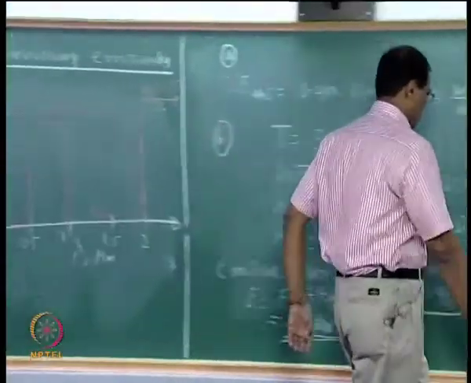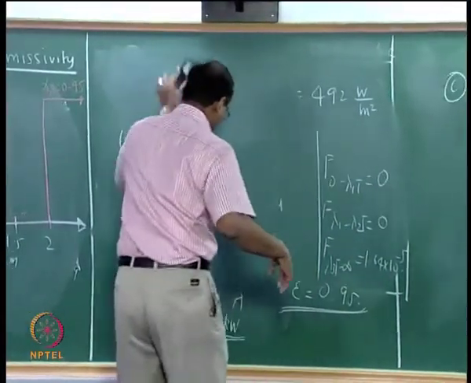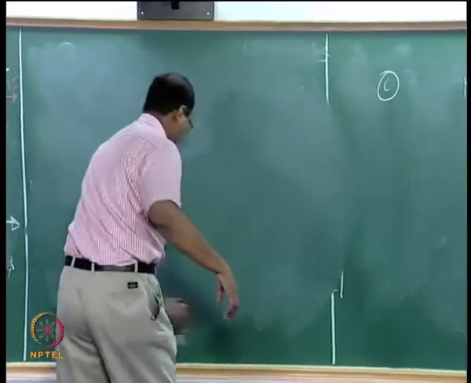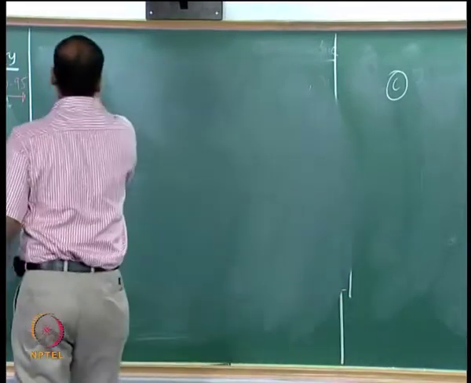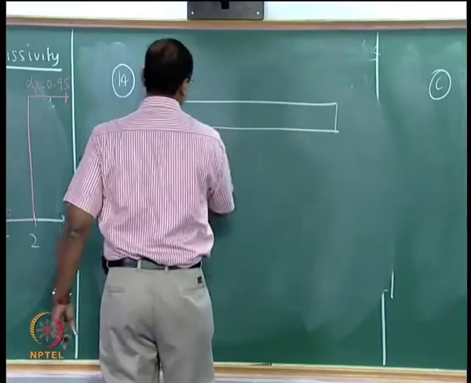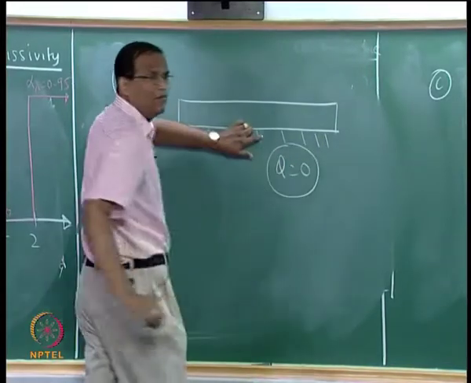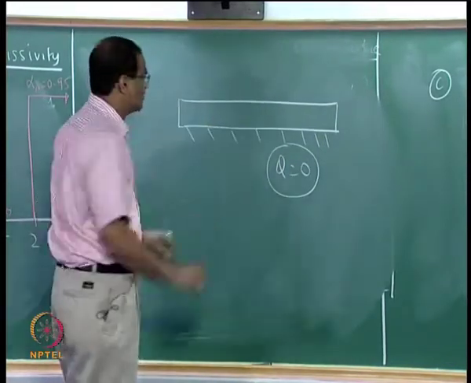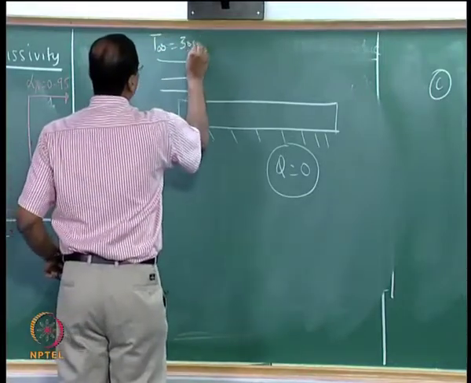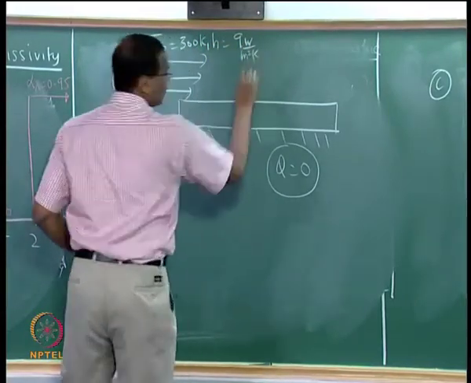Okay. Back side is insulated. Please look at the board. Back side is insulated. Here there is air which is flowing over it. T infinity is 300 Kelvin.